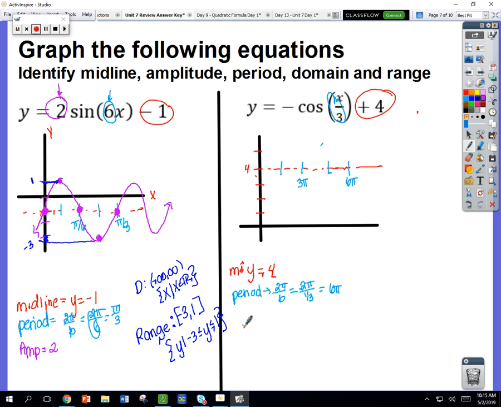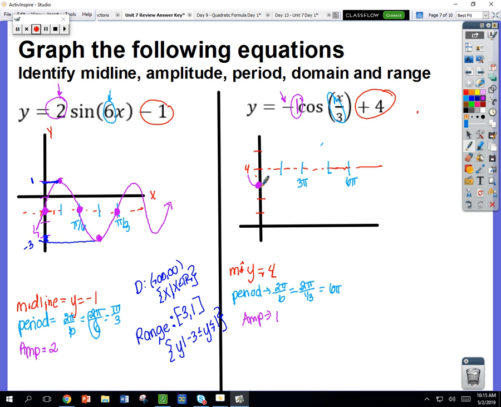Amplitude tells me how far away my min and max get from my midline, and there's a 1 here. So the amplitude is 1. This negative out front means it's reflected, so that means cosine usually starts at a maximum and then hits the midline and goes from there. But because there's a negative here, it's going to be reflected, so I'm going to start at a minimum. And it's only 1 away from the midline because the amplitude is 1.